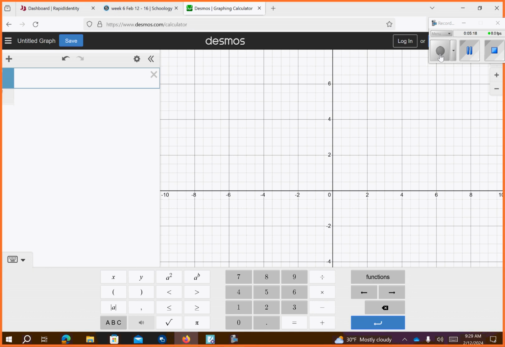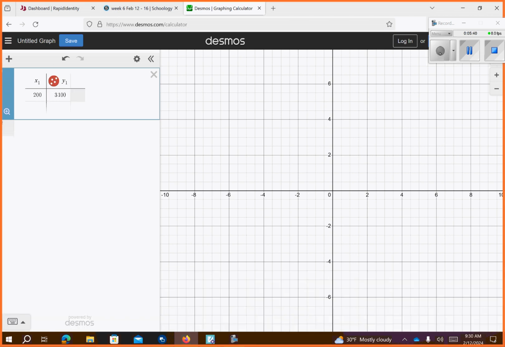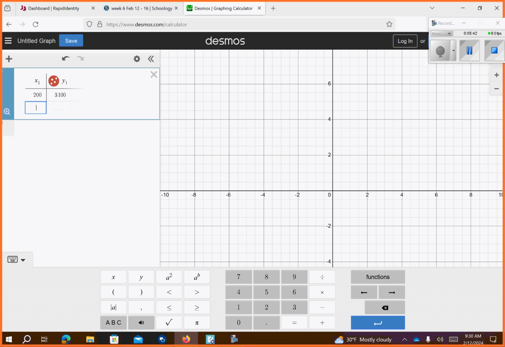How do I make the equation on Desmos? Make a table. Hit plus, make your table, and then plug your values in: 200, 3,100, and 250, 6,000.